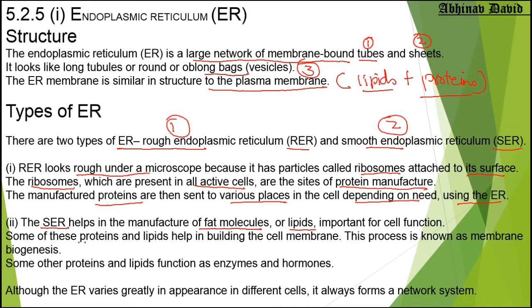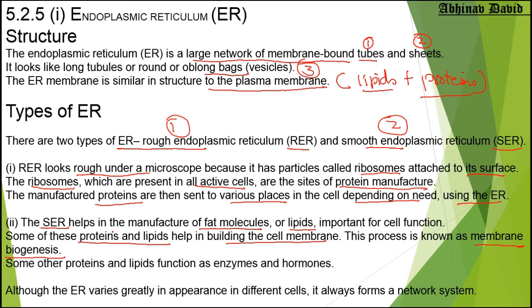Some of these proteins and lipids help in building the cell membrane, because the cell membrane is made up of, as I told you, lipids and proteins. So this process is known as membrane biogenesis. Sometimes the cell membrane is broken, it is ruptured, or maybe some injury is there, so repair is needed. So a new cell membrane is made by the RER and SER.